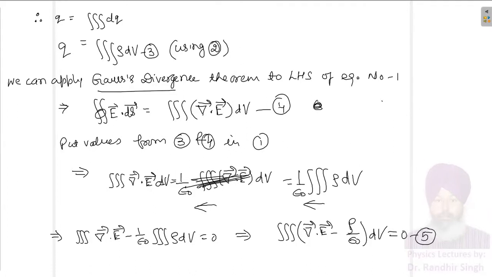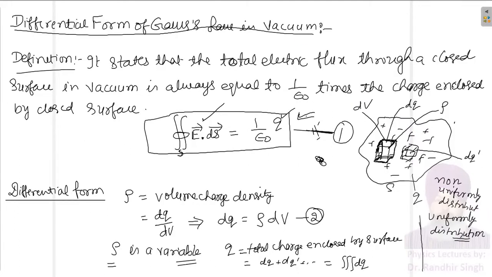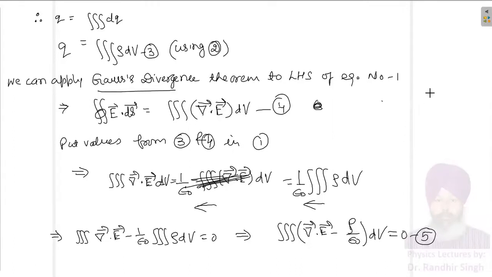Now see, this was the shape of the body. What would happen if I draw the body to be of smaller shape? Let us say this is my body, my charge distribution is smaller. Or in another case, what would happen if the charged body was of large dimensions?